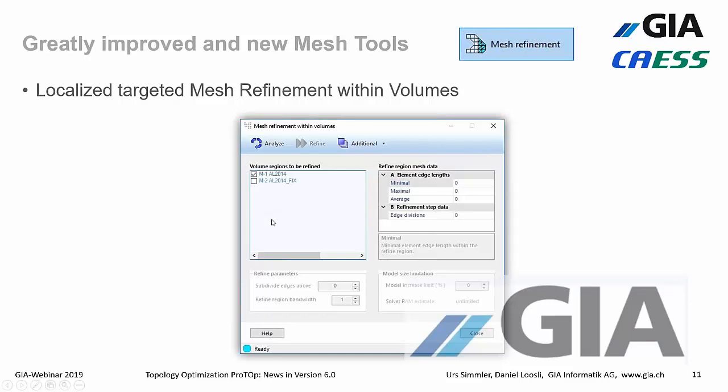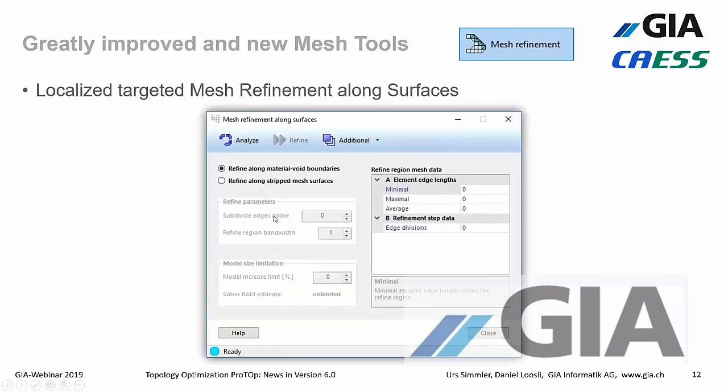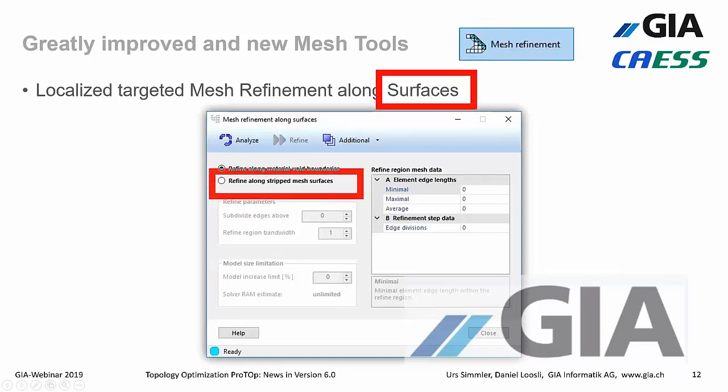So it's easy to redefine meshes in certain volumes or along some surfaces. This is quite interesting because later on we'll see we can strip those surfaces, and along these stripped surfaces, along the topology cut surfaces, you can do mesh refinement.